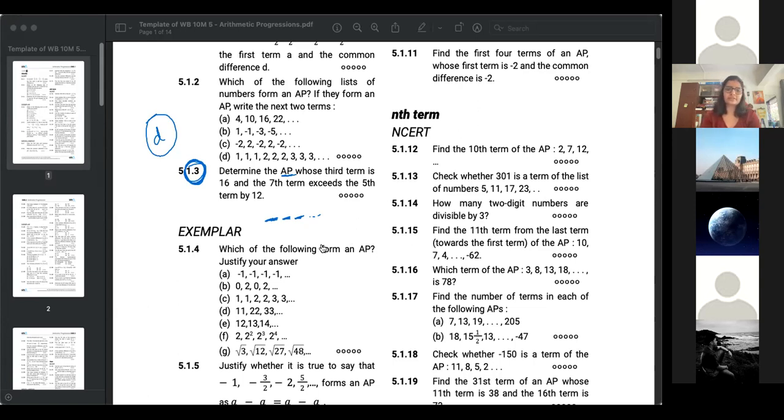Cool. Yeah, Elena, it's correct. Can proceed. So Elena, Puneet, and Aditya have answered already.